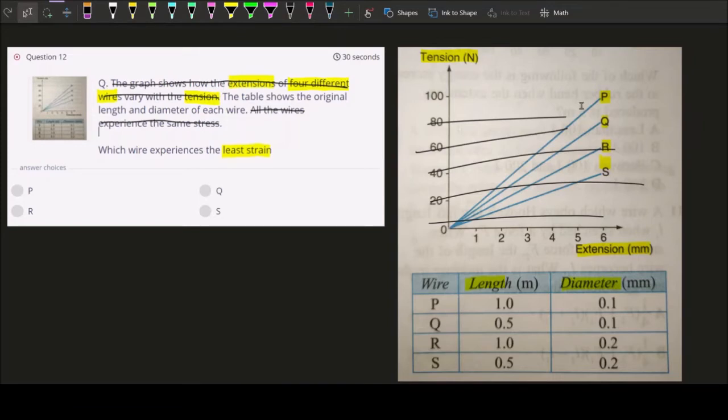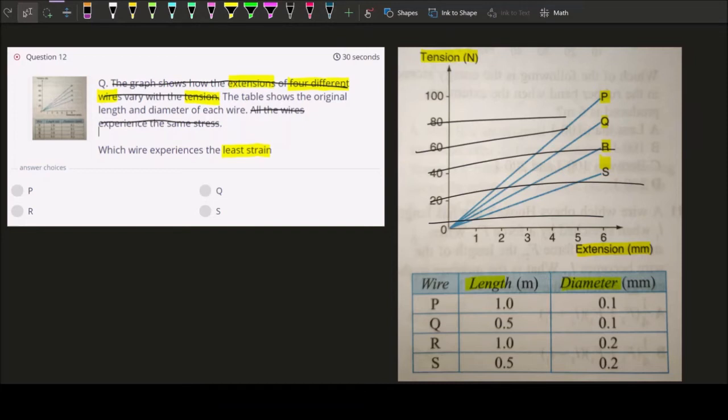Then all these 4 wires will experience the same stress at different tension. So for P, it has its own amount of tension to have the same stress as Q, R, and S. Every wire here needs a different amount of tension to have the same stress.